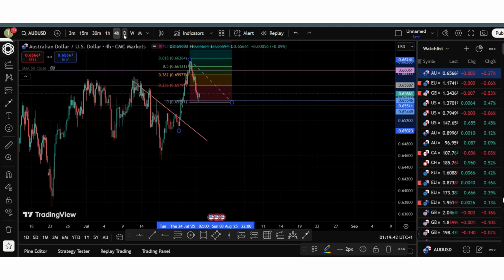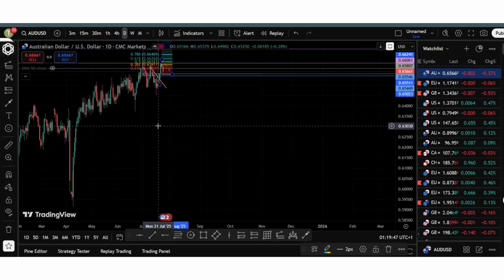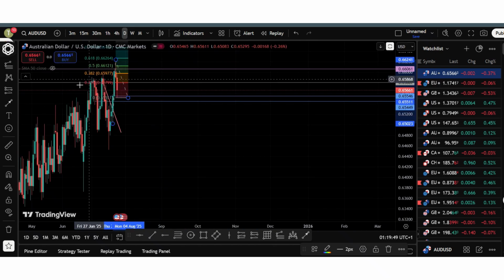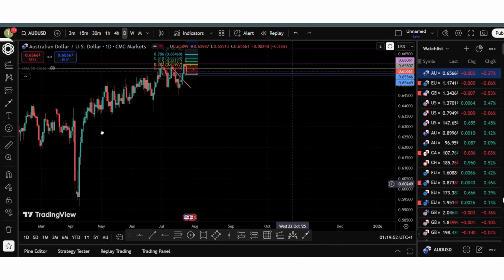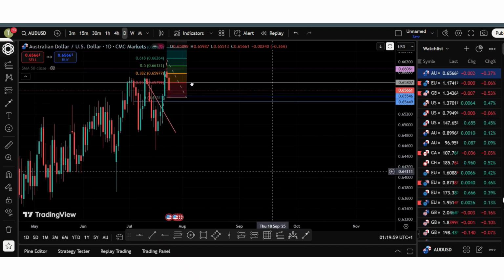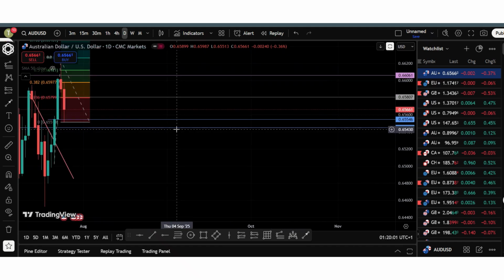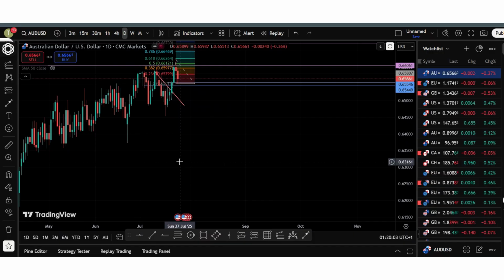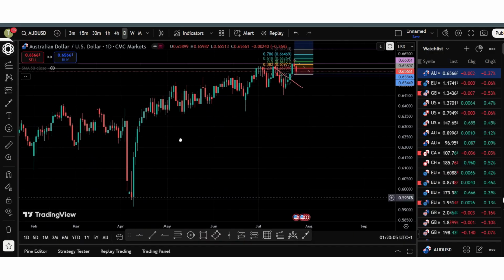Let's go to the daily to see the ultimate target. The ultimate target is at 1. Can you see that this is at the 1 Fibonacci level? I'm looking for where that 0.6607 is.